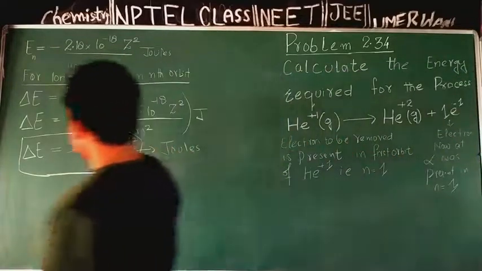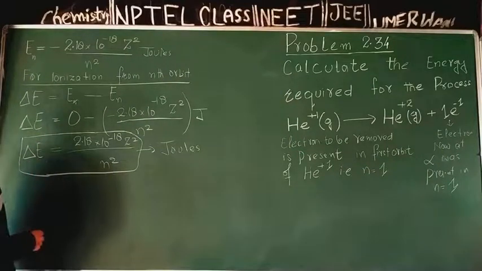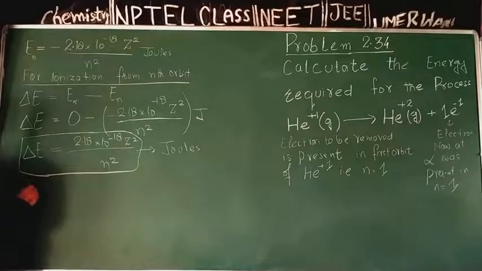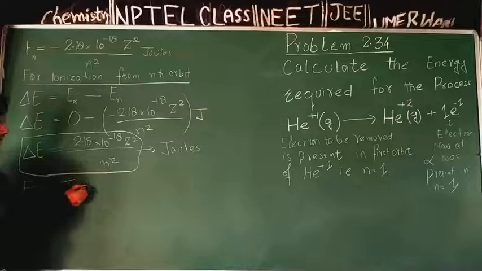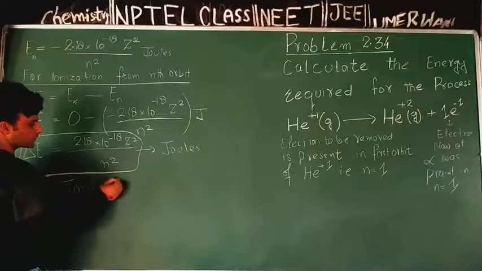So I now got the idea that ionization is occurring from the first orbit.